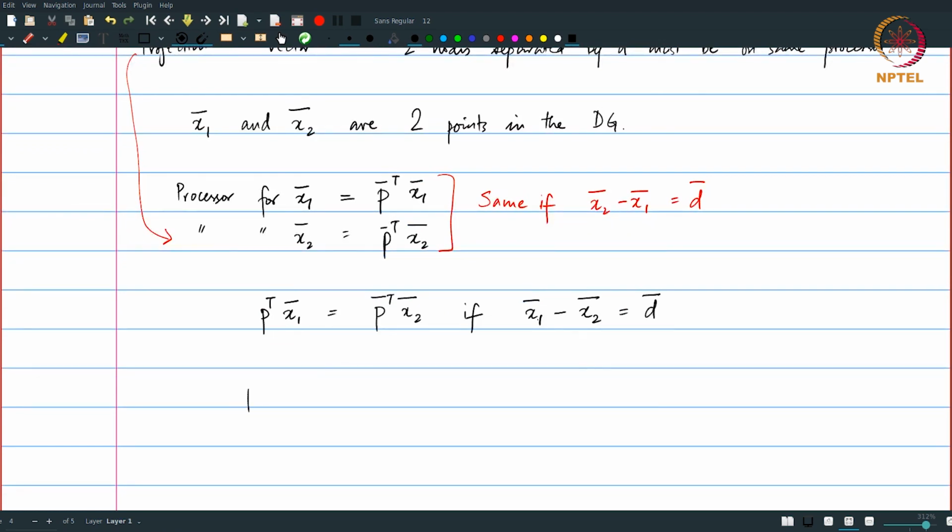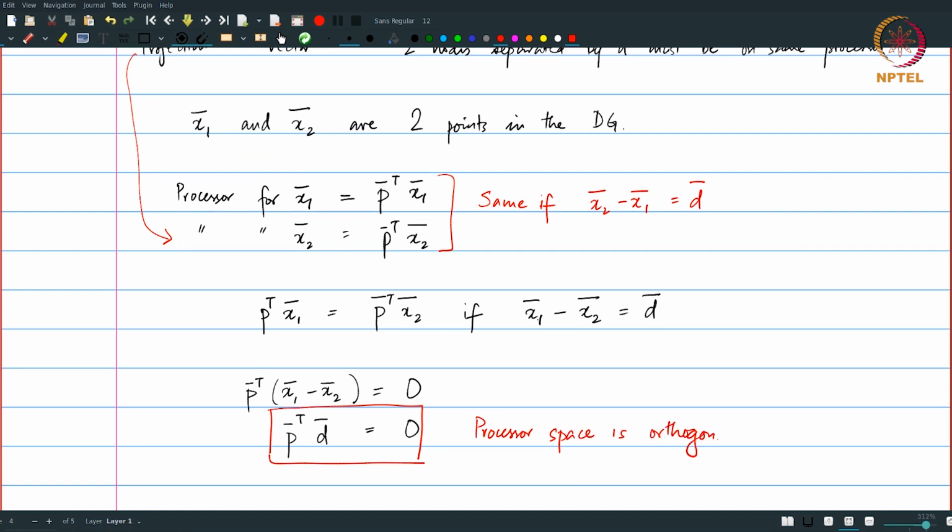In other words, P transpose into x1 minus x2 must be equal to 0, or put it another way, P transpose D must be equal to 0. This is a nice observation. Effectively what it's telling you is that the processor space is orthogonal to the projection vector.